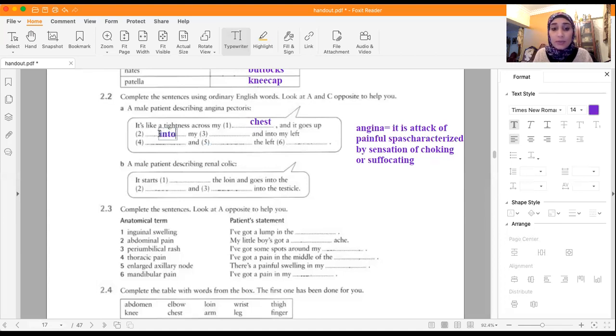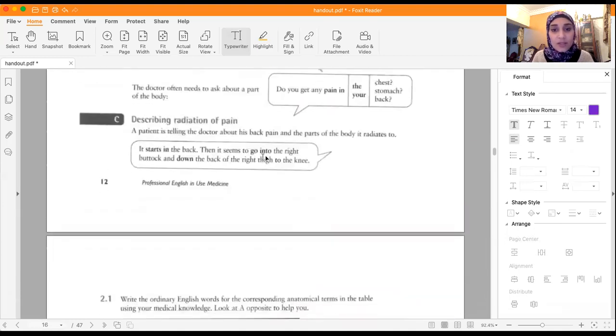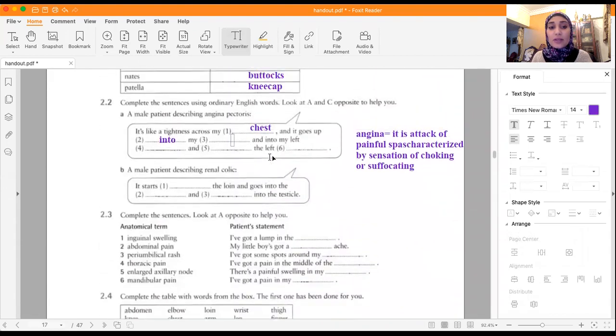It goes up into here, and you say it goes into my, and you say another body part where the pain spreads to, or where the pain radiates to.